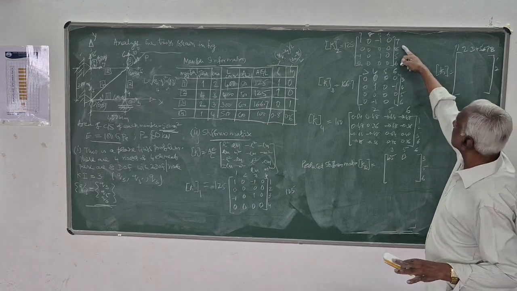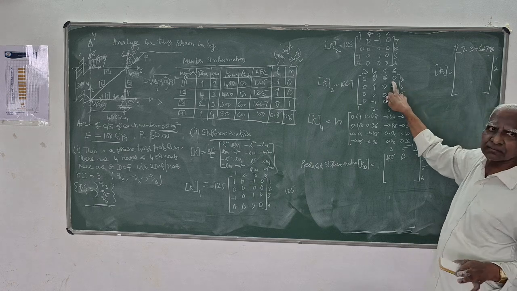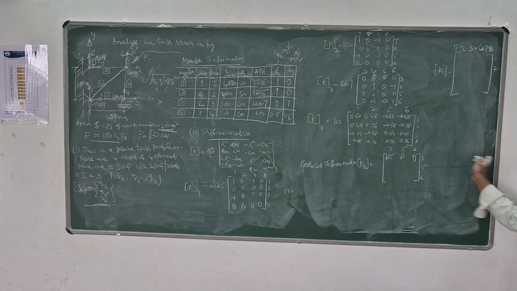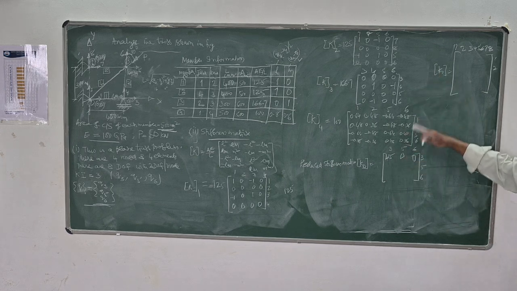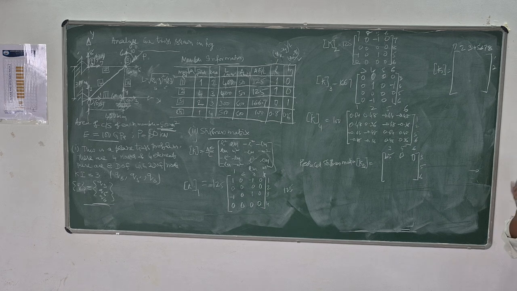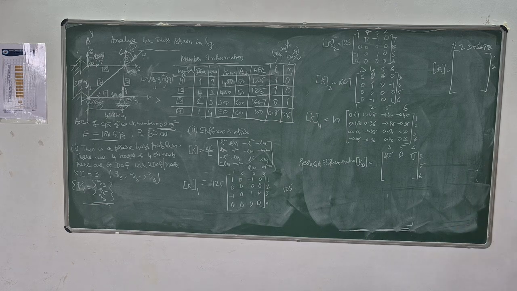Then here, no 3, 6. Here 3, 6, 0. You see? That's why I told you most of the elements will be 0. That's why the half bandwidth has to be minimum. This matters for computation purposes, for storing in code space.